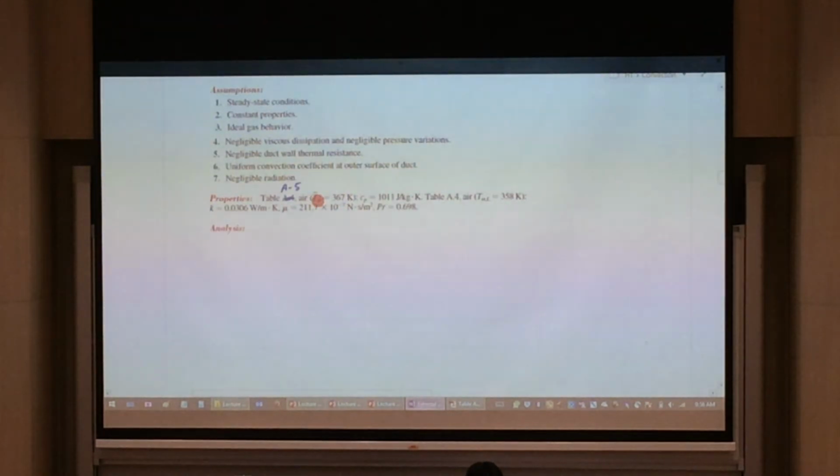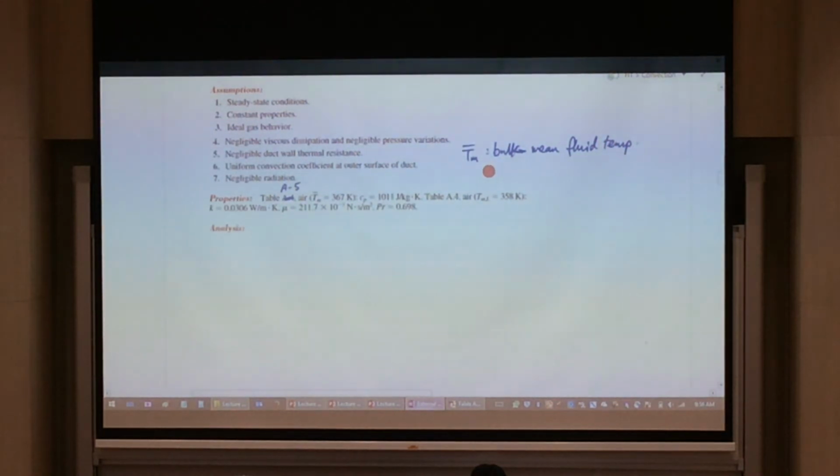So you would see that the kind of temperature that we're interested in is actually your T mean, which is your bulk fluid temperature. Sometimes this is also known as your bulk mean fluid temperature.